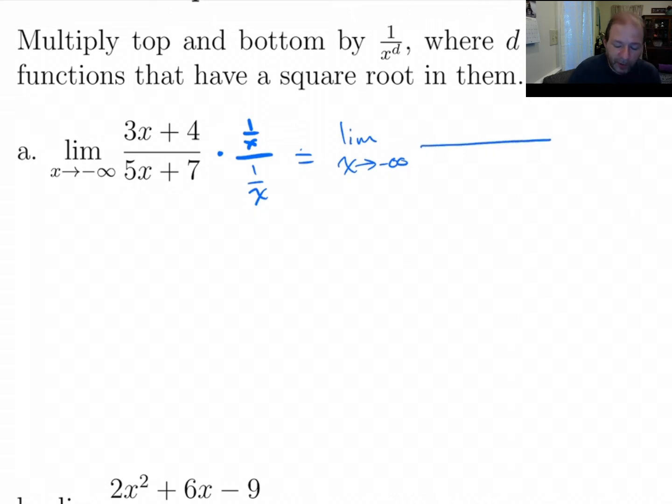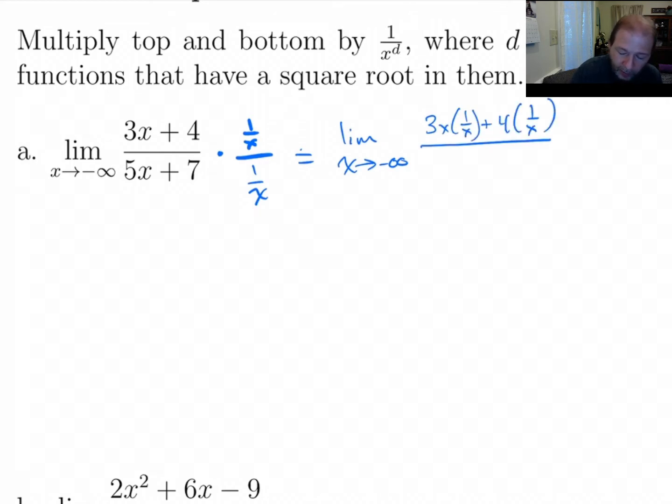Now I've got to distribute this 1 over x times both of these things here. 3x times 1 over x plus 4 times 1 over x. Then downstairs 5x times 1 over x plus 7 times 1 over x.